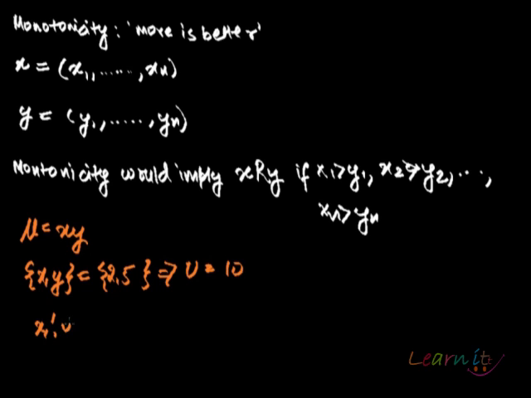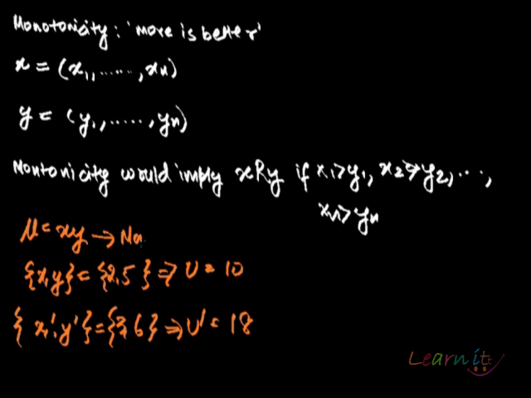Now suppose x dash y dash has more, say 3 and 6. Okay, now 3 is greater than 2 and 6 is greater than 5. If this is the first bundle and this is the second bundle, your u dash would be 18. So when you have increased both the arguments, your utility has increased. Hence, this utility function is monotonic.